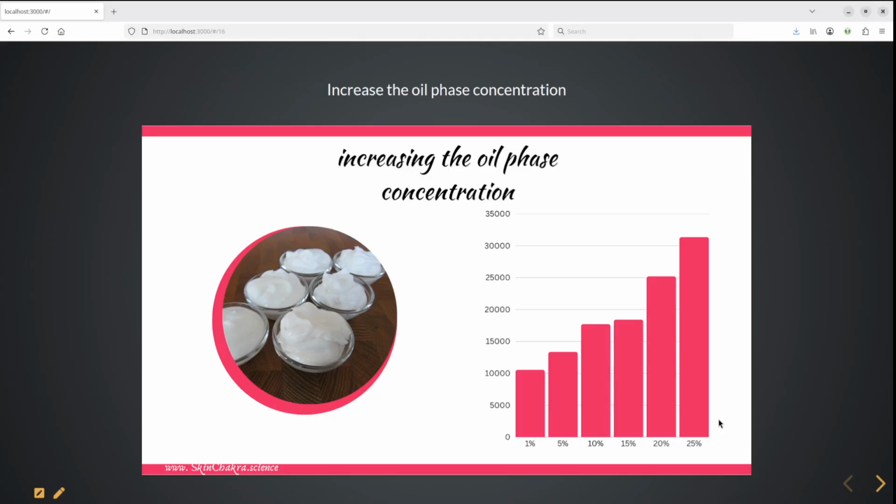So in that happy range, when you increase the oil phase concentration, you increase the viscosity of the emulsion, as you can see here on the diagram, and even on the photos, from the emulsion bowl in the back of the photo to the front, the viscosity is increased by increasing the oil phase concentration.